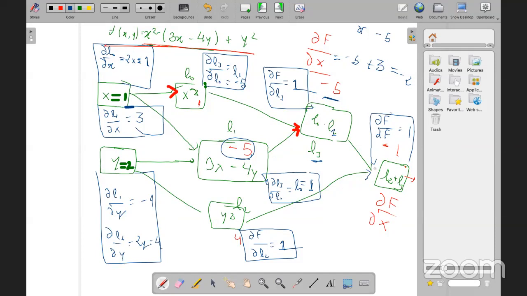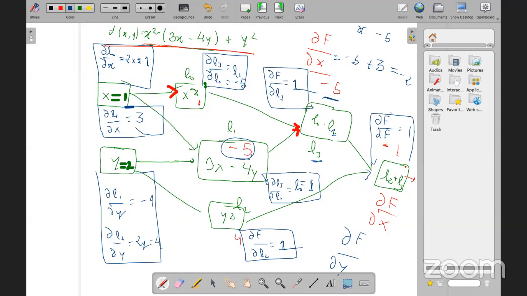And now if I want to find del f by del y, I just have to find all the paths which start from here and lead me there. So I can go along this path and I can go along this path. I just multiply this 1 with 1 and with 4. And if I move along this path, then I multiply 1 with 1 with 1 with minus 4.